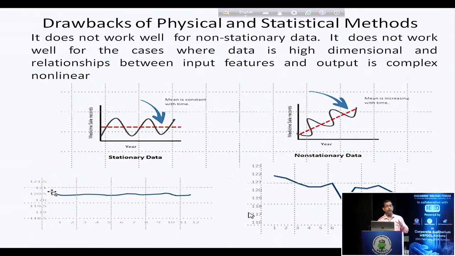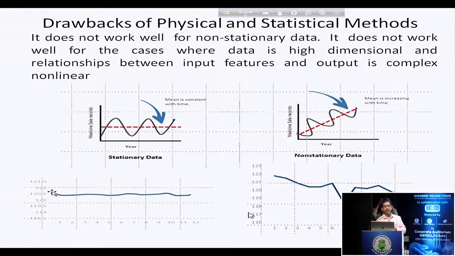They do not work well for non-stationary data, for cases where the data is high dimensional, and where the relationship between the input features and output is complex and nonlinear. In that case, the existing physical and statistical methods are not applicable.